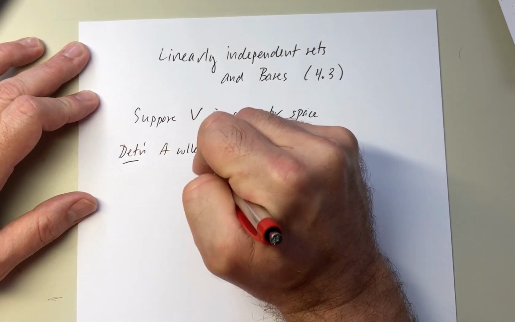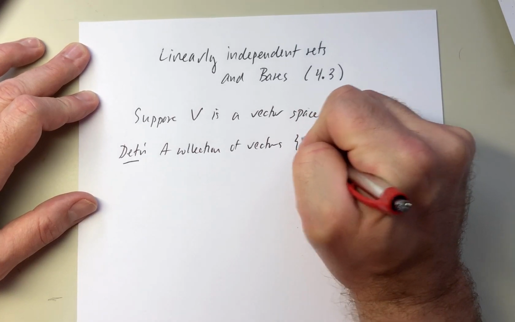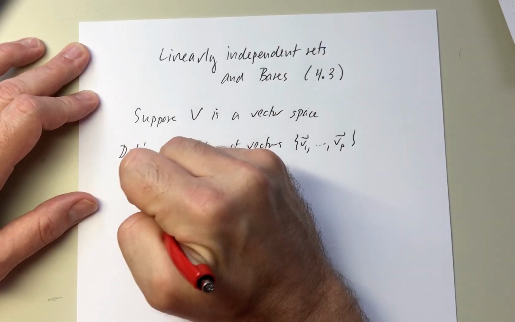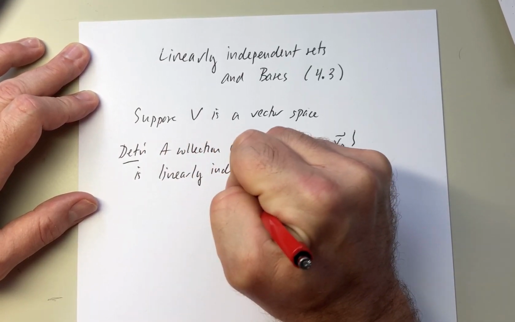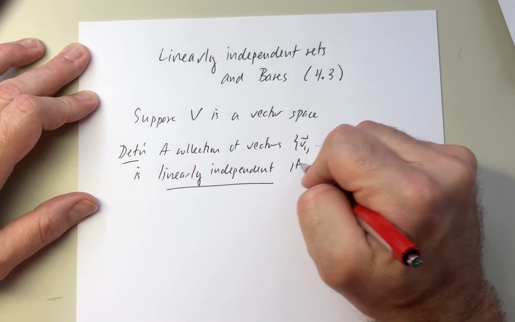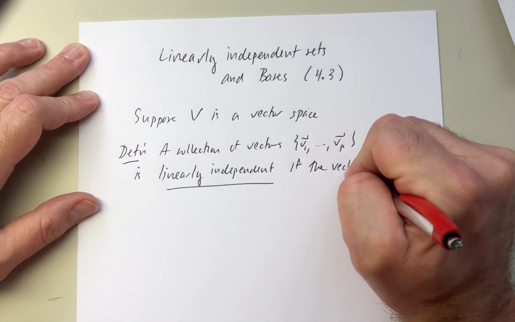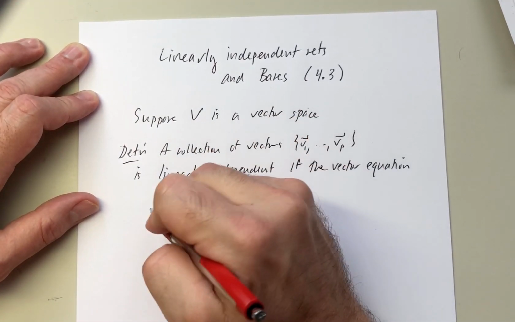A collection of vectors, let's say V1 through Vp, we say this is linearly independent. The collection is linearly independent if the vector equation, so what's a vector equation?